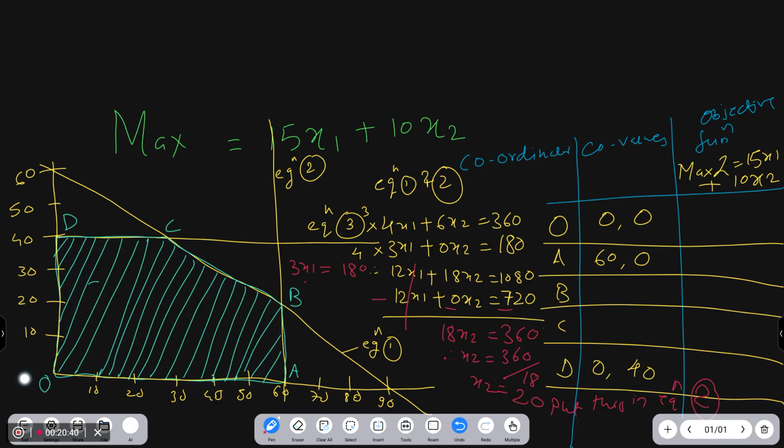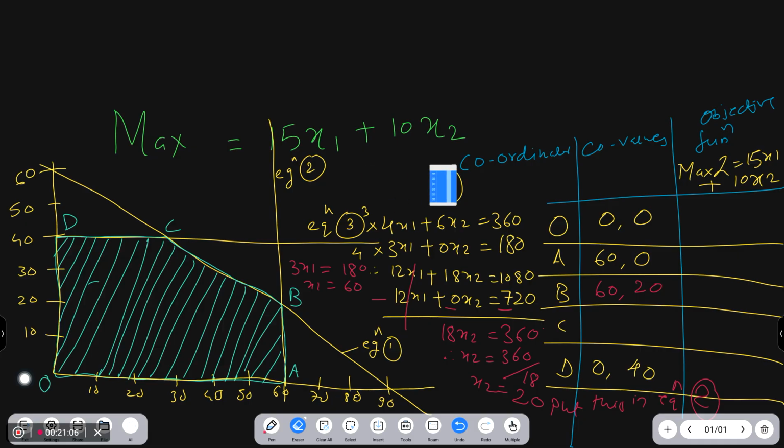And what is x1? x1 is equal to 60. Therefore, what are the points for this one? 60, 20. Fine, everybody? Can I erase something here?